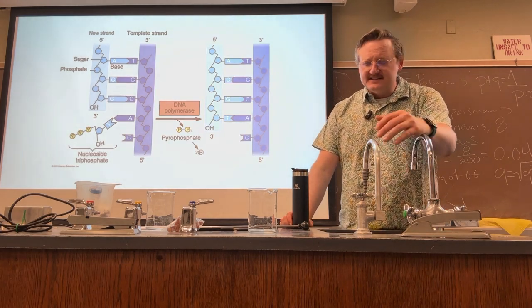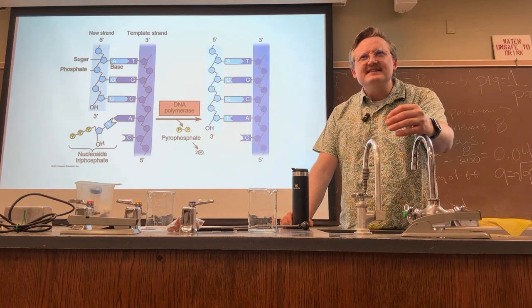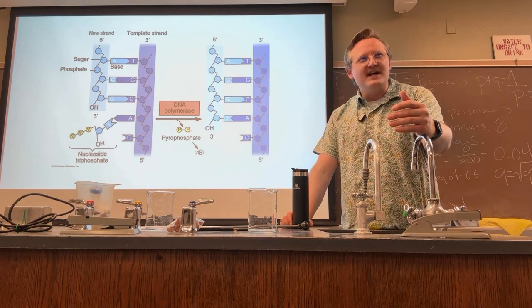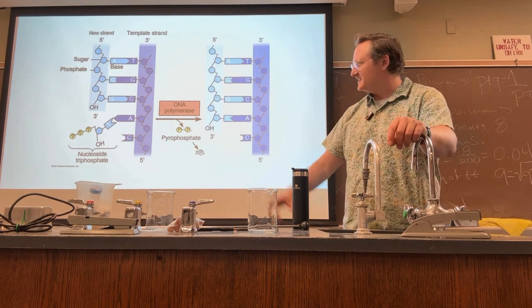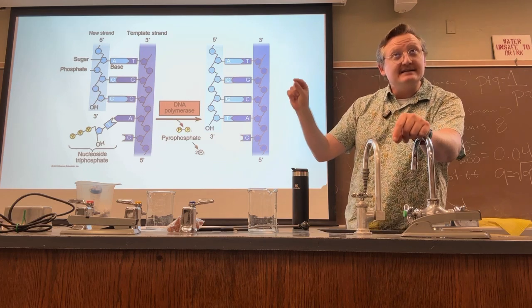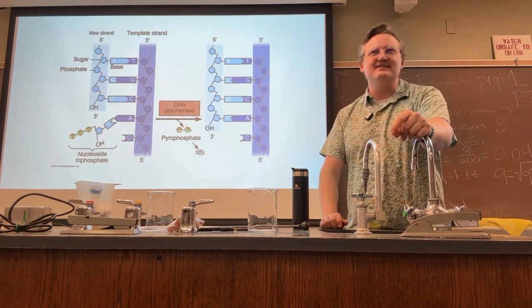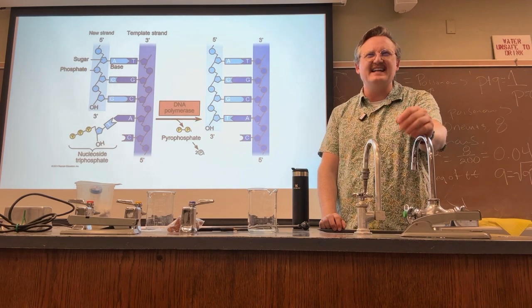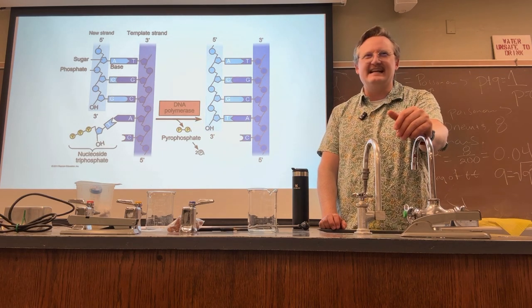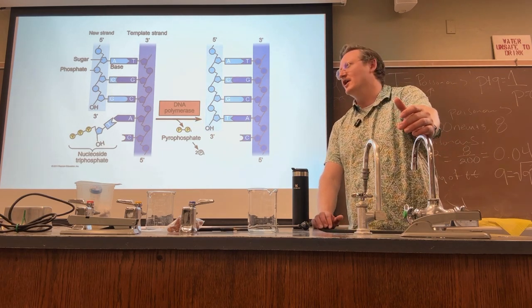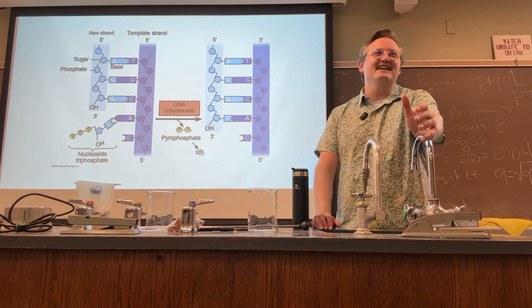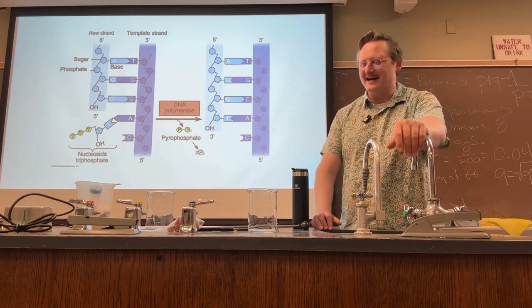There's an enzyme called luciferase, which is a wild name for an enzyme, where you can make this reaction produce light in addition to heat. And that's one of the ways that they used to do, or still do, DNA sequencing. It's fascinating. Is that anything I'm ever going to test you on? No. But it's fun to know that there's an enzyme called luciferase, right?